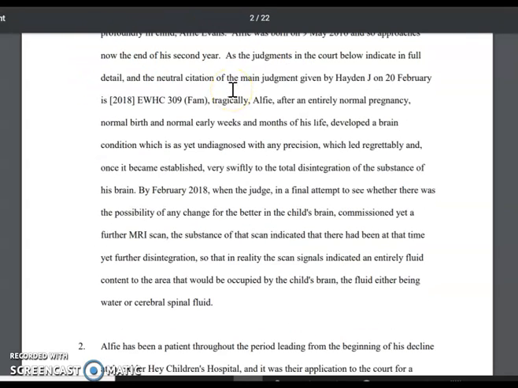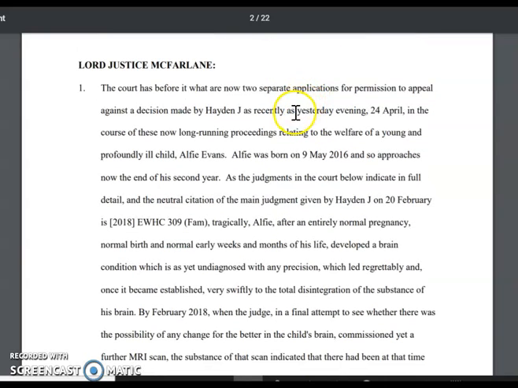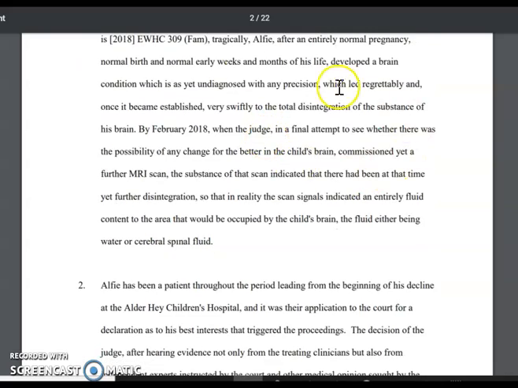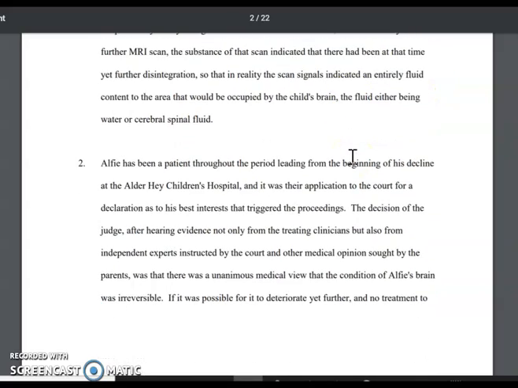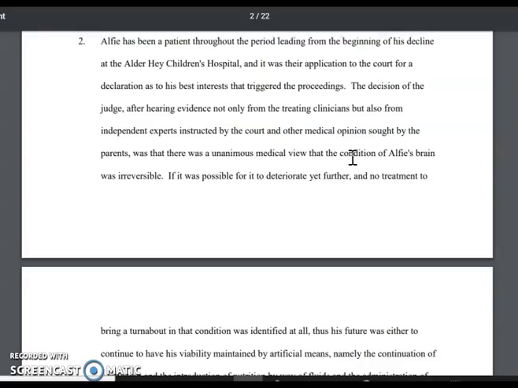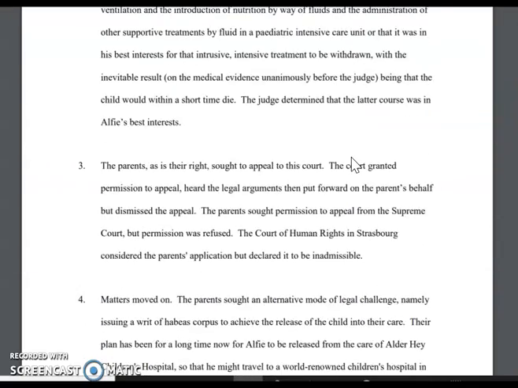And if I scroll down, you can see that the judge is describing the facts about Alfie here. So it's talking about Alfie's birth, the fact he'd had a fairly normal pregnancy, or his mum had a normal pregnancy, sorry. And then it goes on to tell you how, unfortunately, problems with Alfie were discovered and what happened.